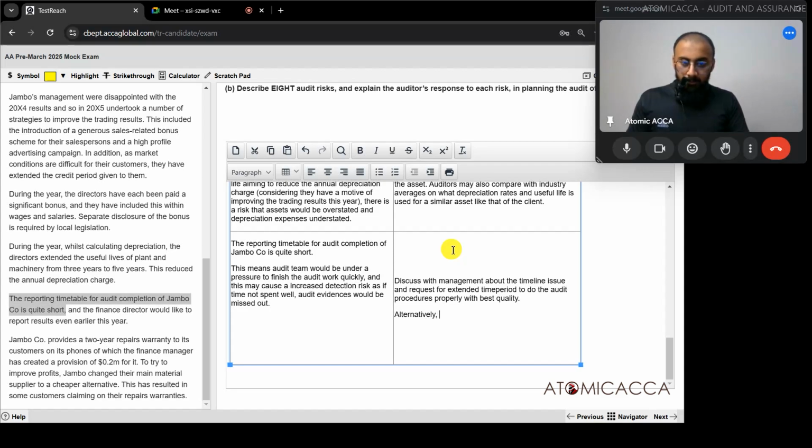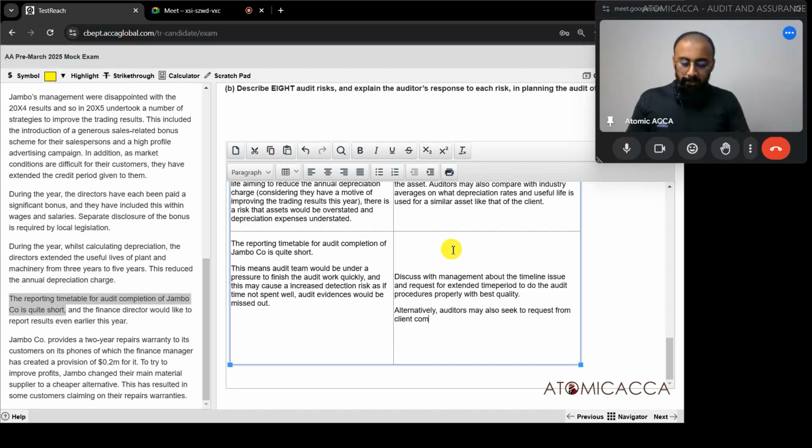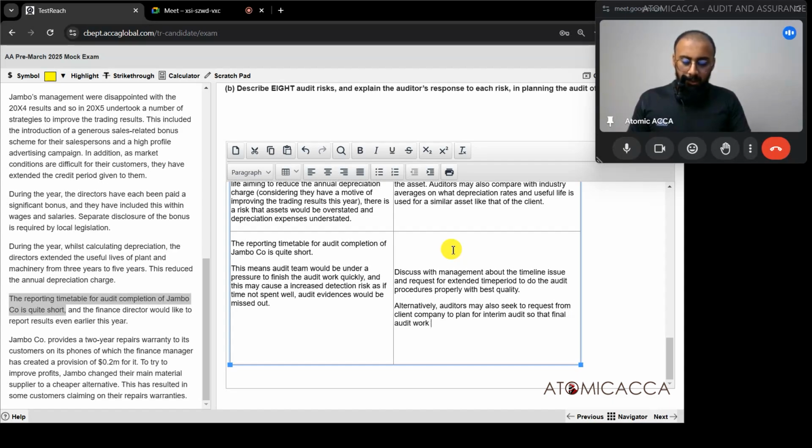Alternatively, auditors may seek to request the client company to plan for an interim audit so that final audit work pressure will be comparatively less.